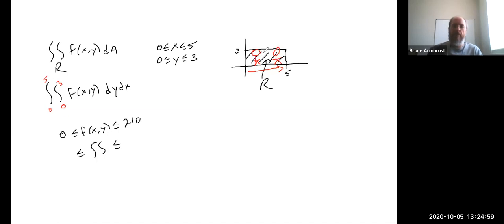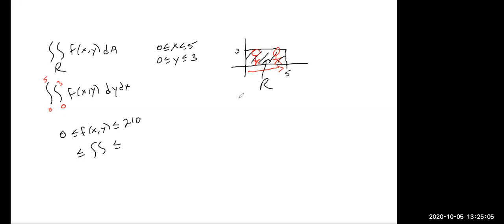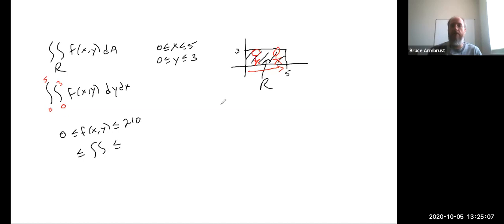So think about what that volume would be. What kind of shape would that volume be then? Just a box, a rectangular box. So think about what the volume of the box would be. Volume equals length times width times height. Length and width would be these two dimensions, so 3 and 5.